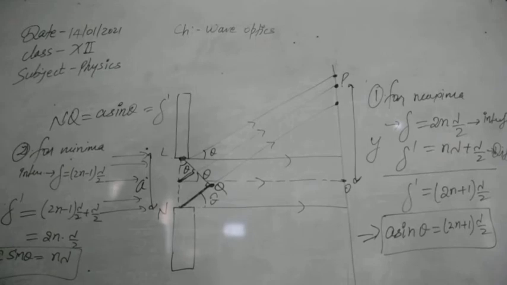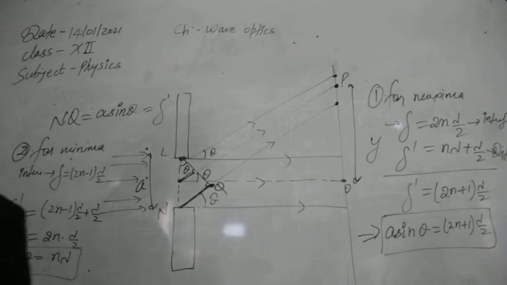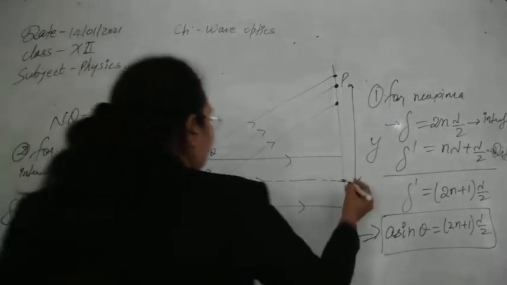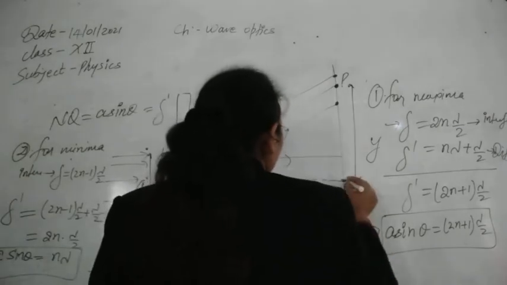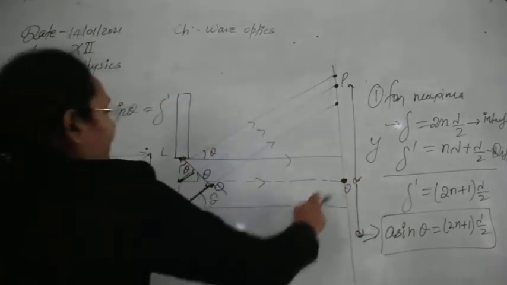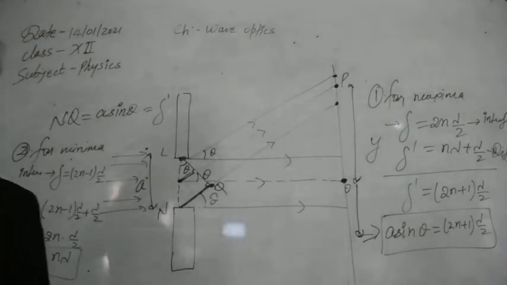Now next, we will draw the intensity pattern with distance as we move to both sides from the central maxima. This point will always be the central maxima point.